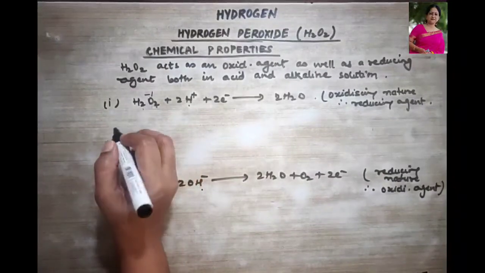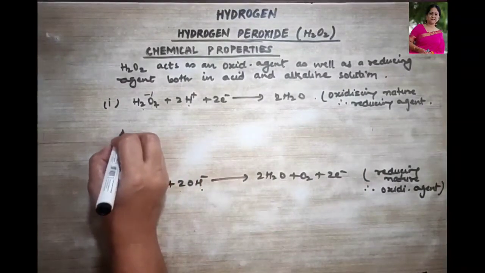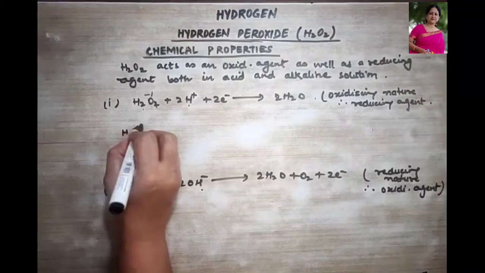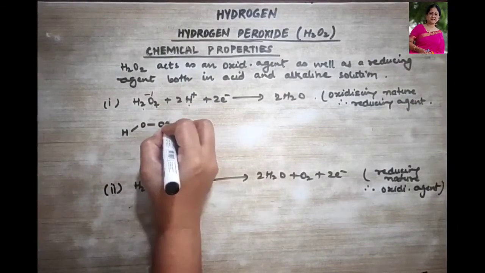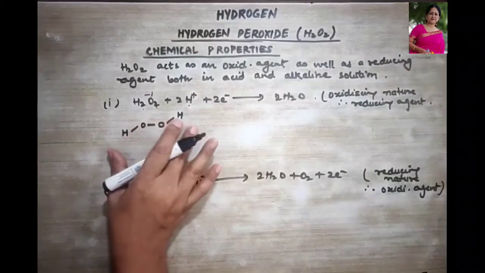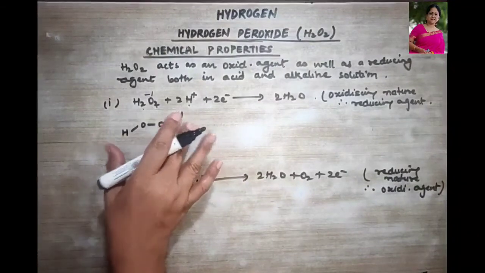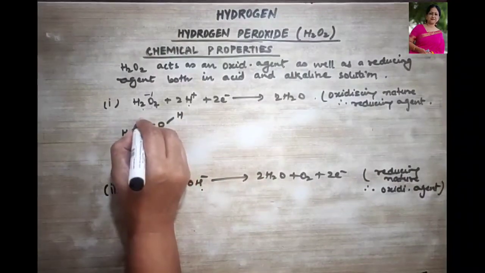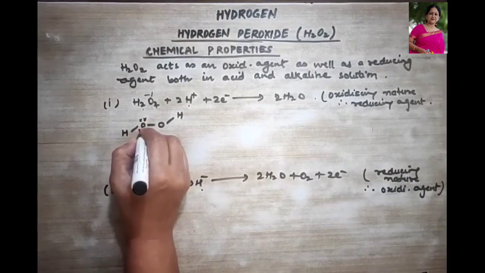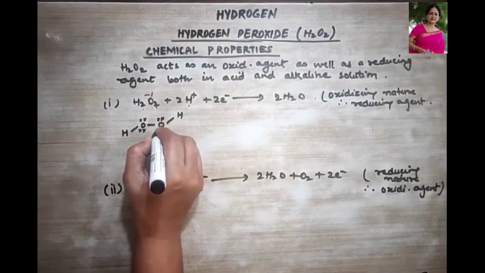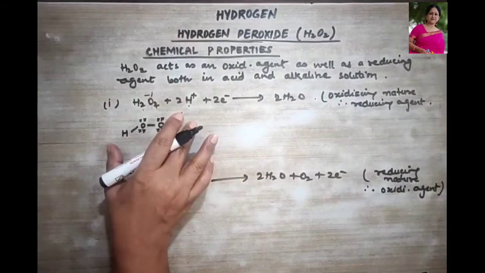So let us first understand the mechanism of the oxidizing nature of hydrogen peroxide. This hydrogen peroxide can be written like this, as we have just now read. Now oxygen has a lone pair, correct?